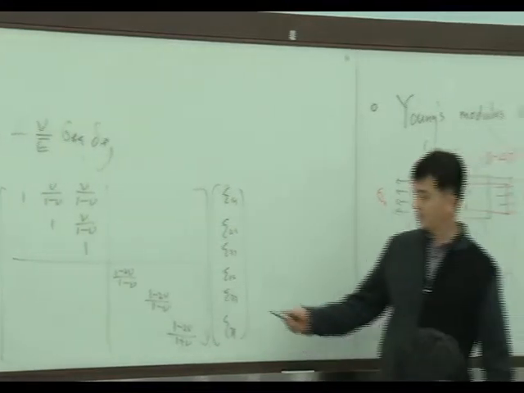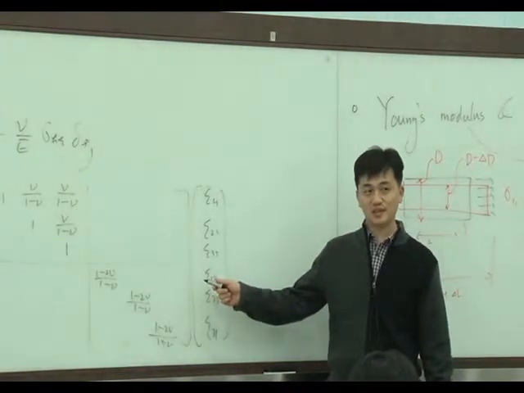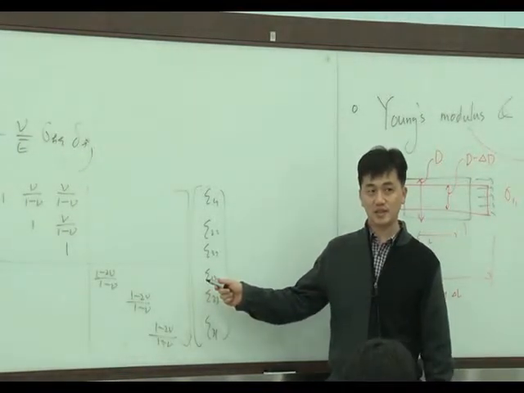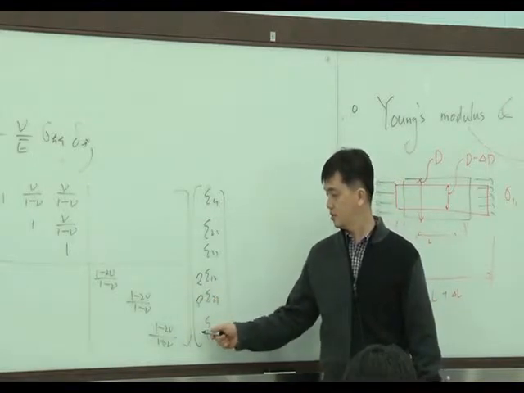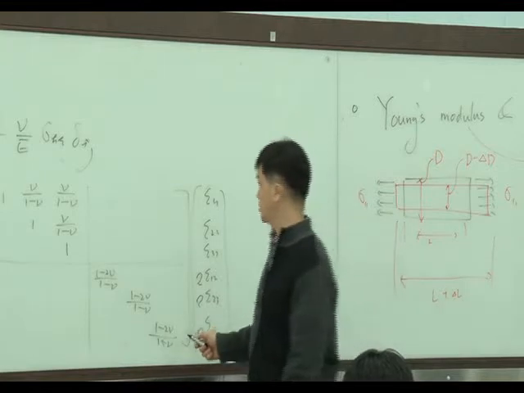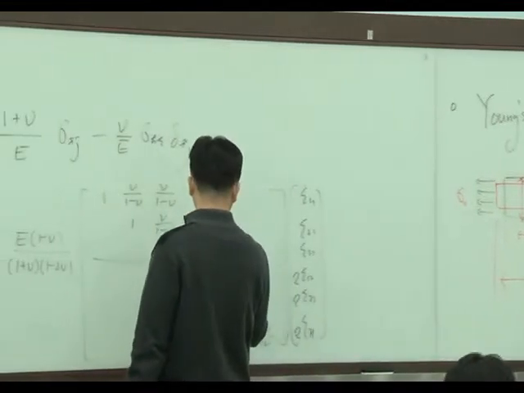So in this equation, I didn't put 2 here, right? If we wanted to put 2 here, you need to multiply by 1 over 2.